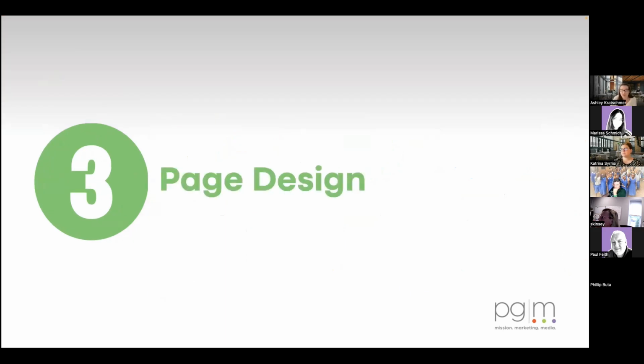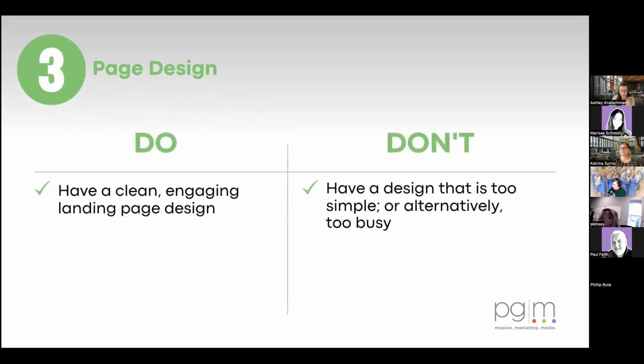All righty. So our third point is page design, which is probably the most worked on strategy that you could make when it comes to optimizing your page. Page design, we obviously want to go back to our first couple key takeaways from the beginning, and point out how important it is to make sure that the design is always kept modern and trend-setting. So what we would recommend is having a very clean, engaging landing page design.